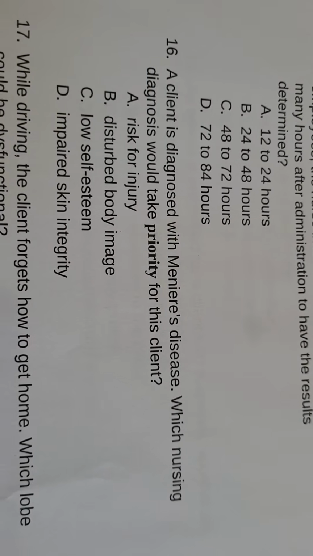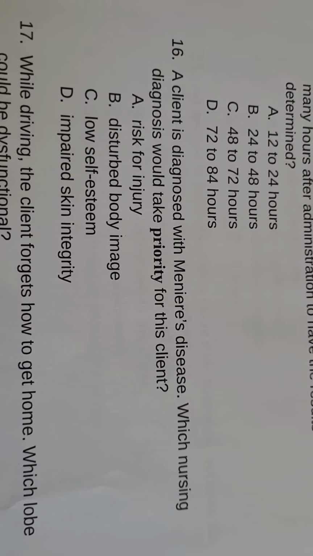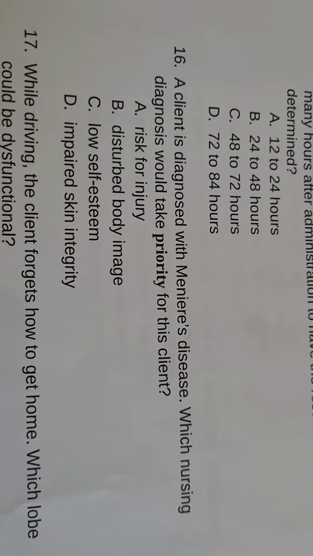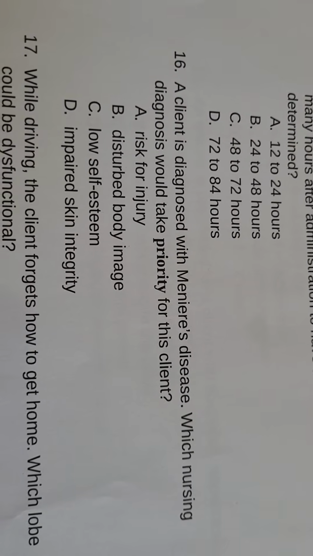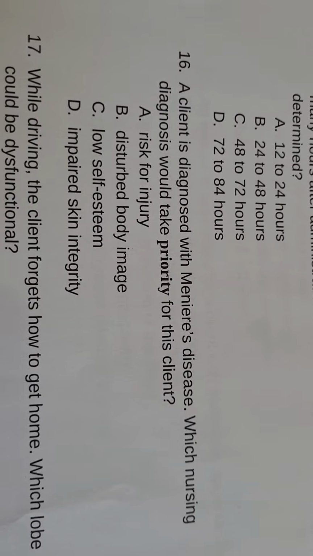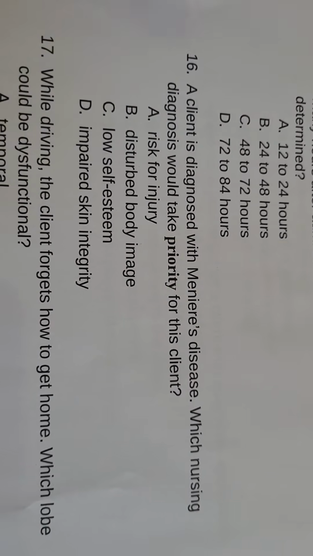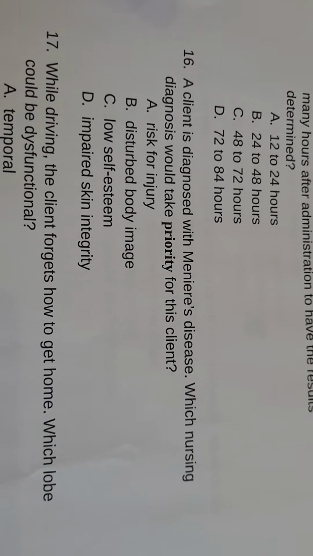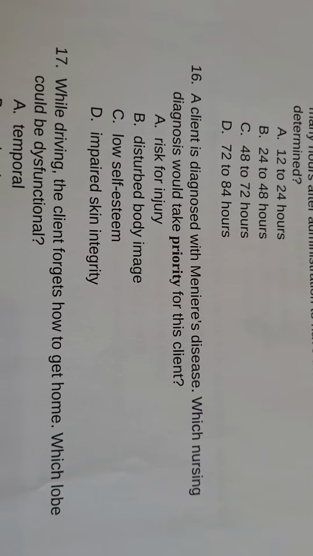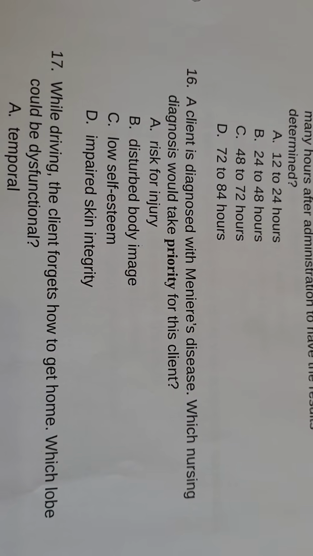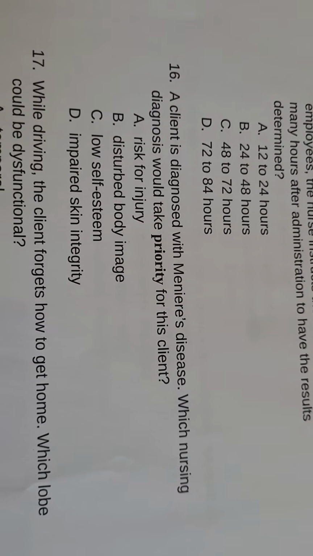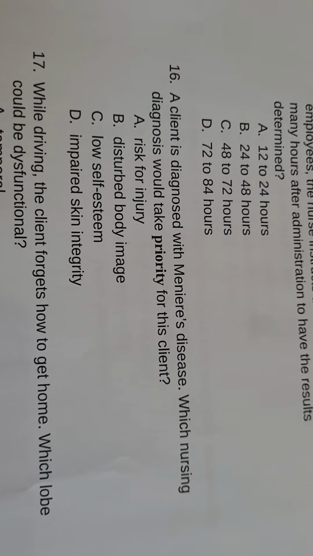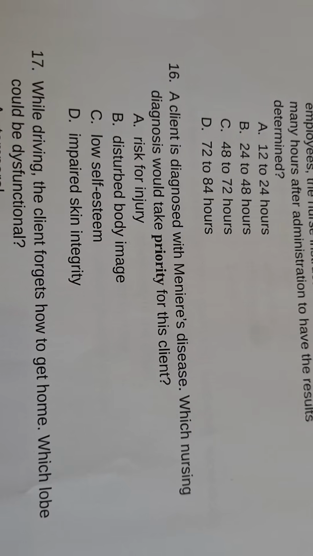Because it will alter mobility, causing gait disturbance and vertigo, and even hearing loss may occur. So risk for injury is the right option, because the pressure in the inner ear is high and the patient has vertigo and gait disturbance, so the patient can fall down and there is a risk for injury.